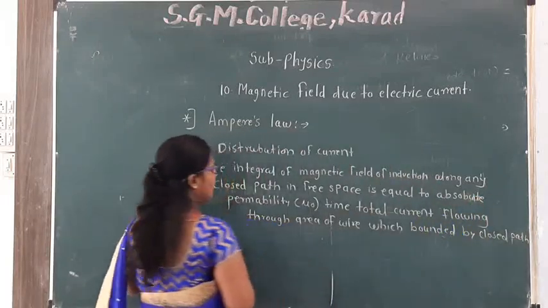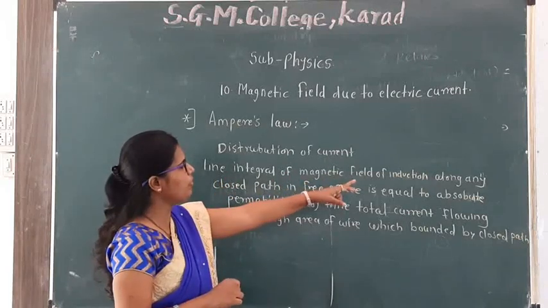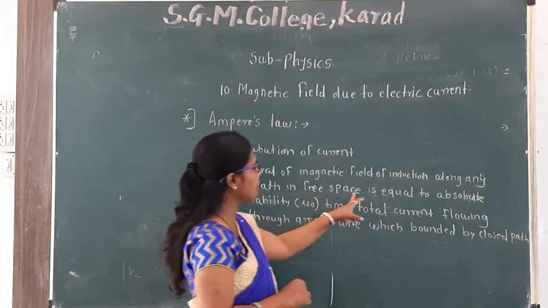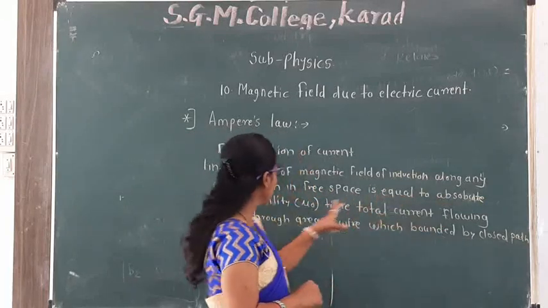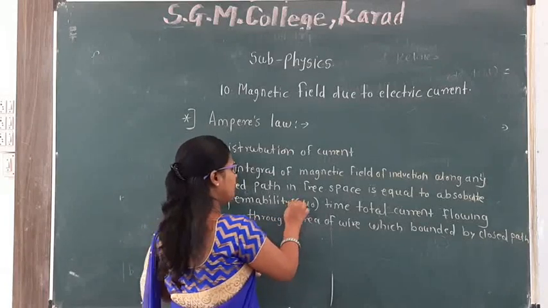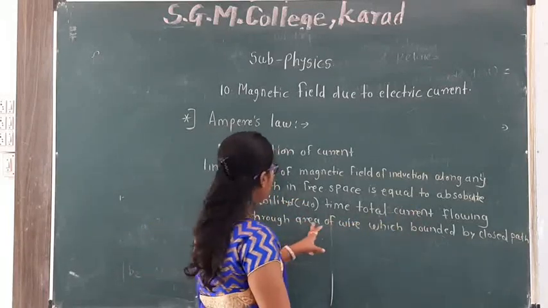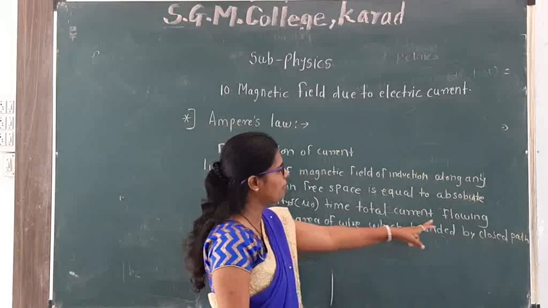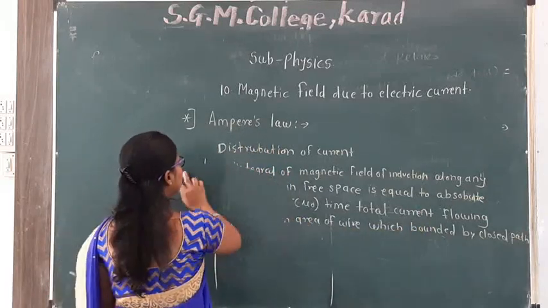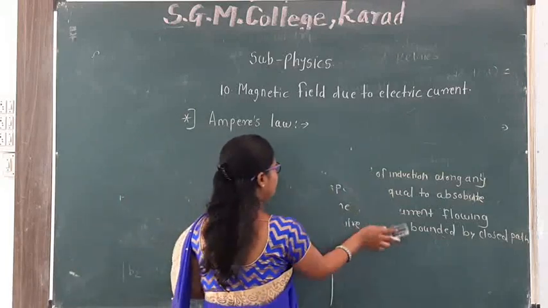Once again, the line integral of the magnetic field of induction along any closed path in free space is equal to mu 0 times the total current flowing through the area bounded by the closed path. Now this is the statement of Ampere's law.